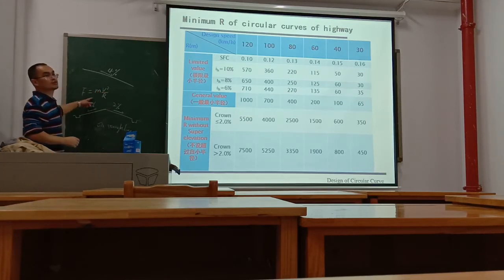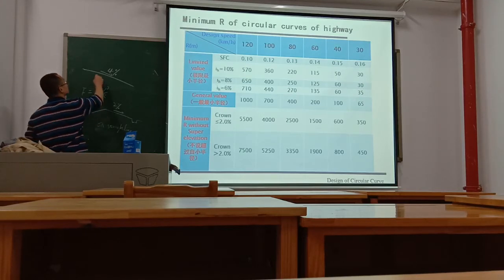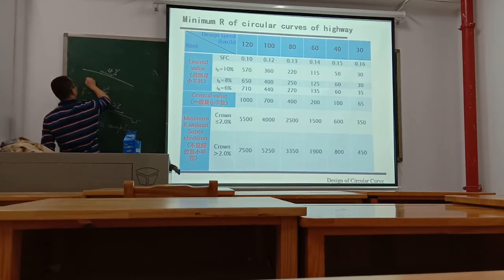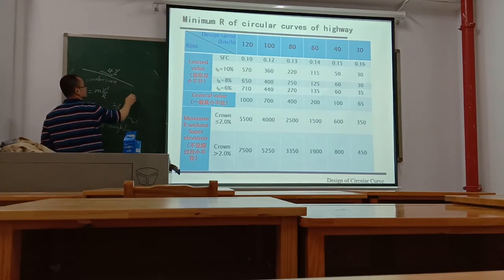Do you understand this formula? F is centrifugal force. V is velocity on circular curve. The radius.